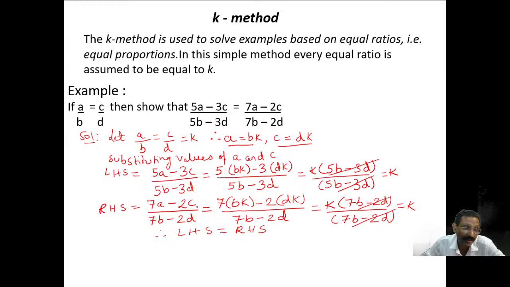Then we found that the LHS is equal to RHS. Then we can say that this is equal to this ratio which is given to us. So in this way we saw how a K method works.